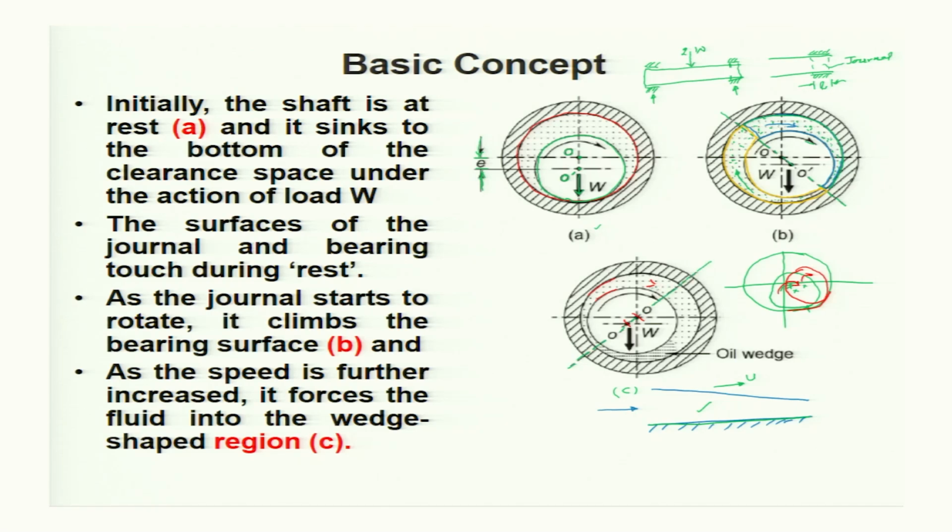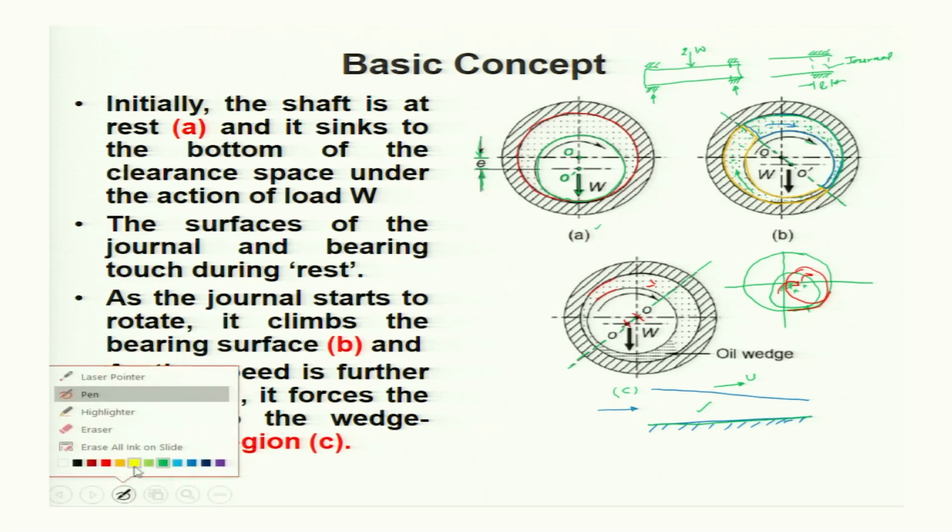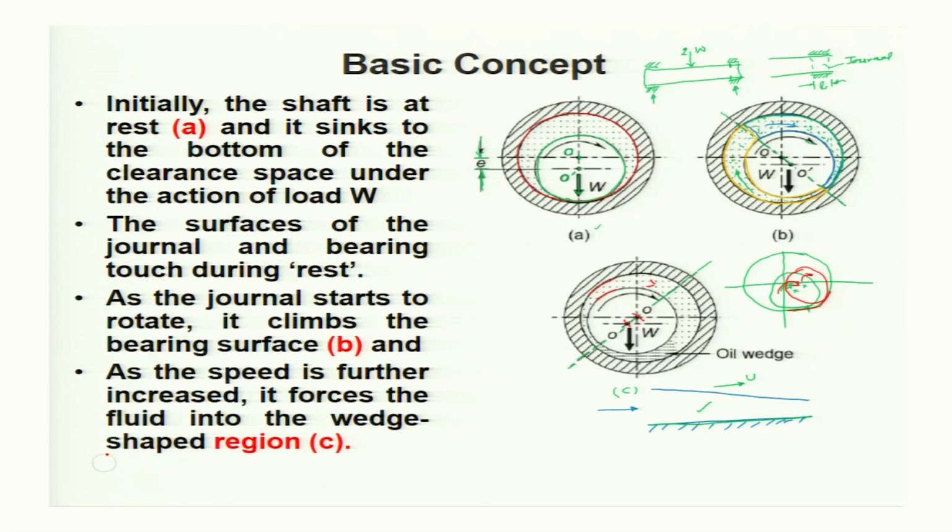So the line of centers divides the clearance space into 2 zones, the converging diverging zone and the diverging converging zone. So this is the zone where the flow of the fluid is from bigger cross-sectional area to the smaller cross-sectional area, this zone, and it is analogous to this one, and so a pressure will develop, and that pressure will be something like this here.